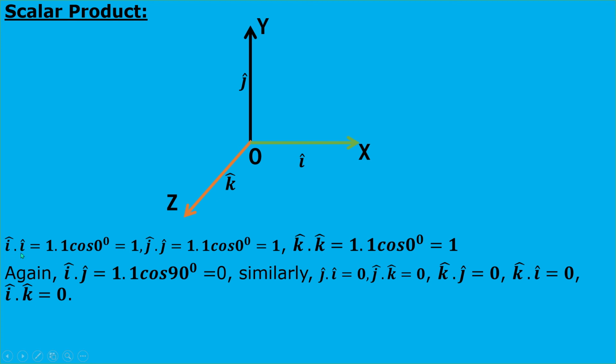So i vector dot i vector equals 1 into cos 0, by applying the formula of the dot product. The dot product means a vector dot b vector equals the absolute value of a vector into the absolute value of b vector into cos theta. As i is a unit vector, its absolute value equals 1, also this equals 1, and the value of cos 0 degrees equals 1.